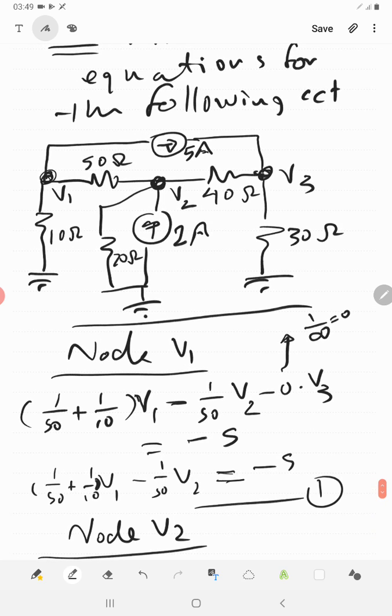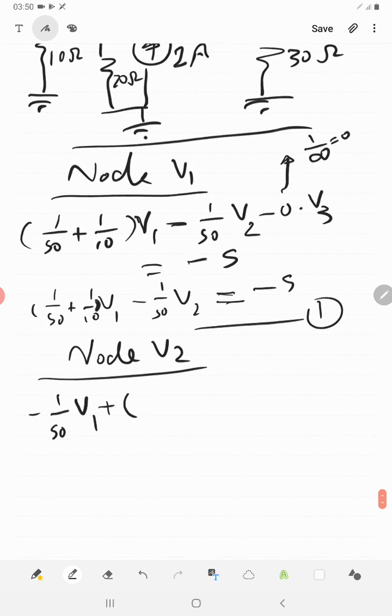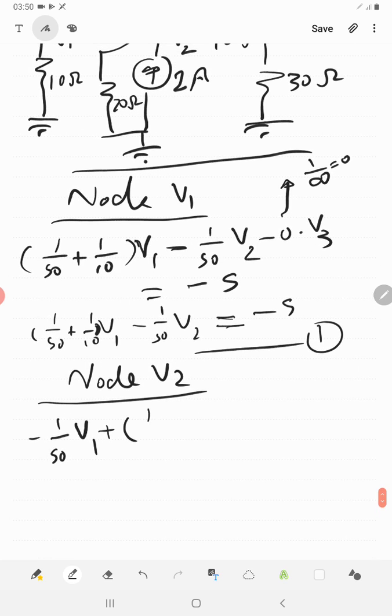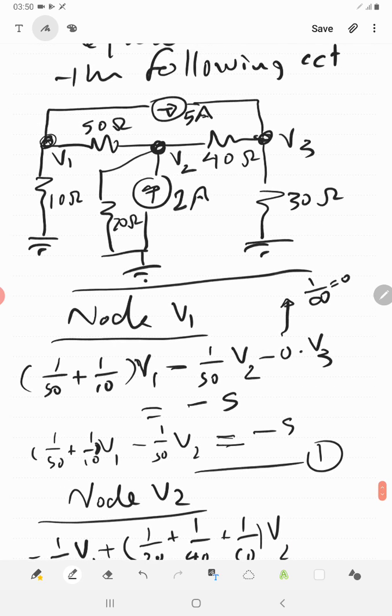We have 50, 40, and 20. So 1 over 20 plus 1 over 40 plus 1 over 50 times V2. All these connected to V2. This is 20 here, and this 50 here, and this 40 here.